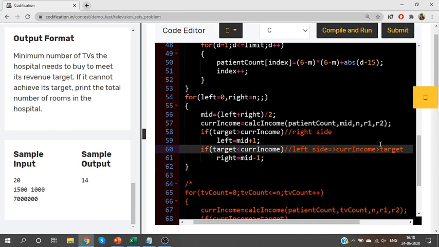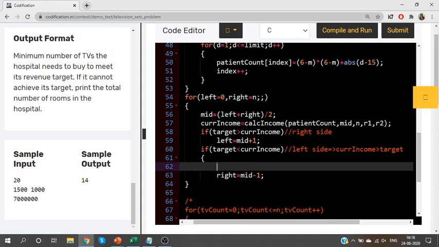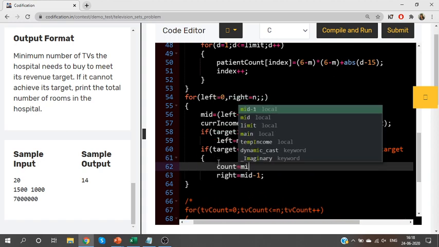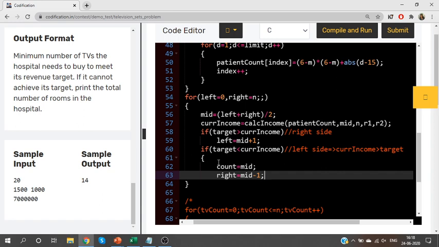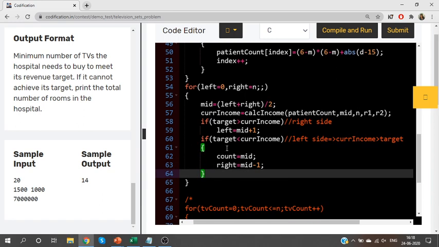If the target is achieved, that might be your resultant value, though we don't know until we complete. So if the target is achieved, store that mid value.